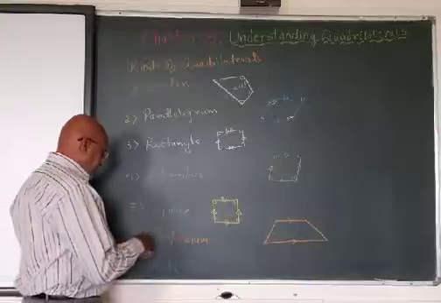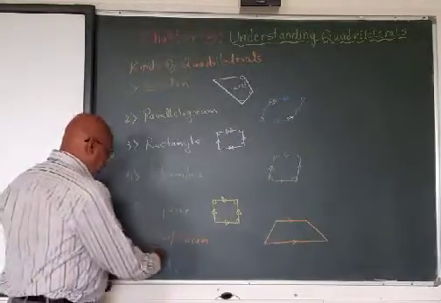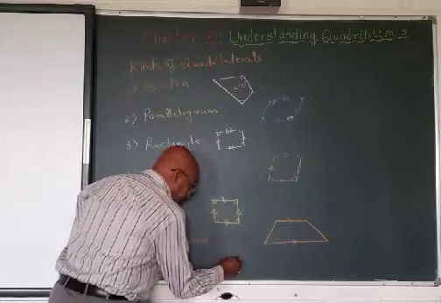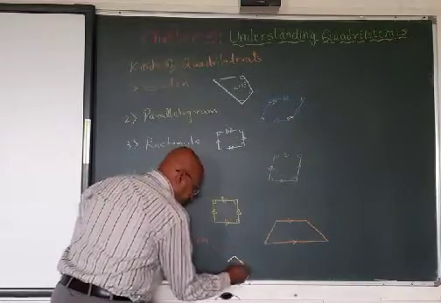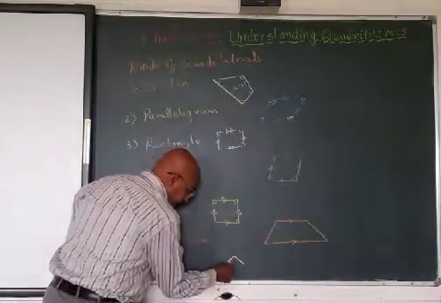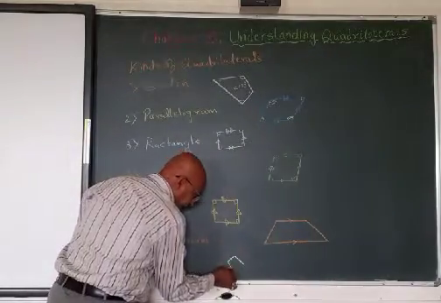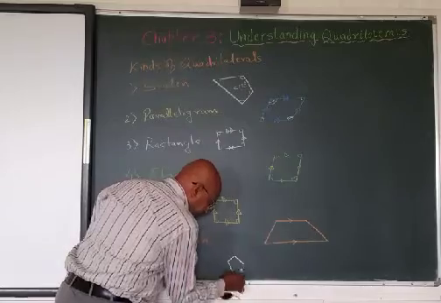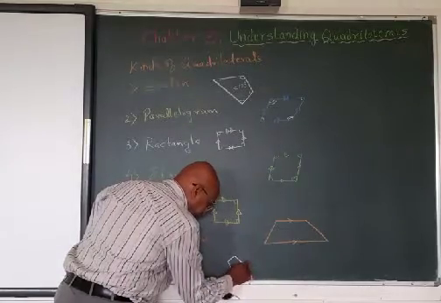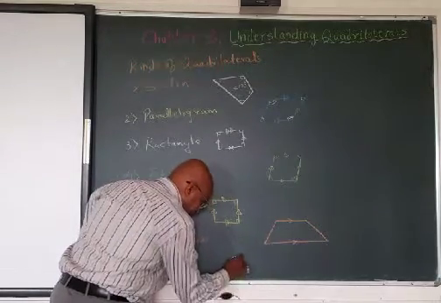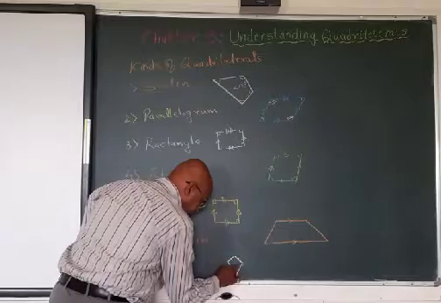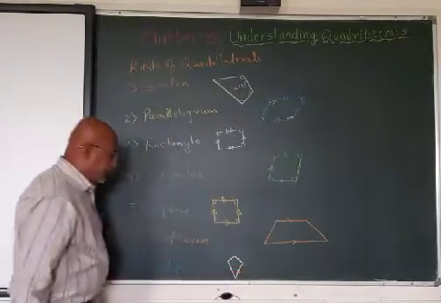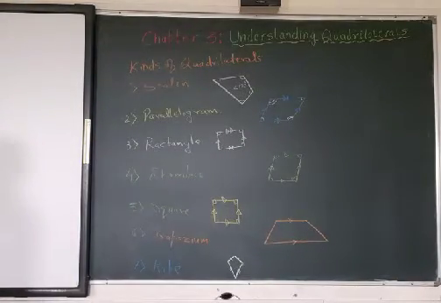And finally is the kite. In a kite, the pairs of adjacent sides are always equal. So these will be equal to this, and these will be equal to this. So this is the kite.